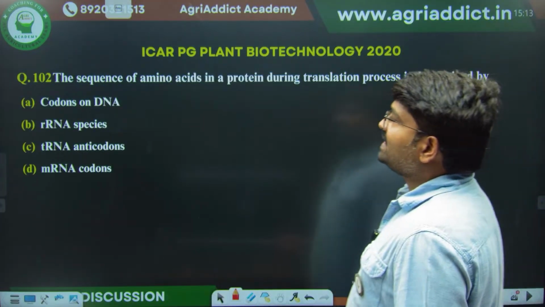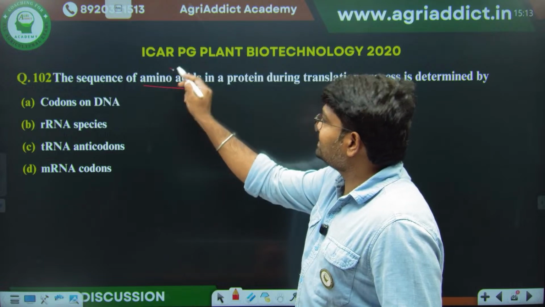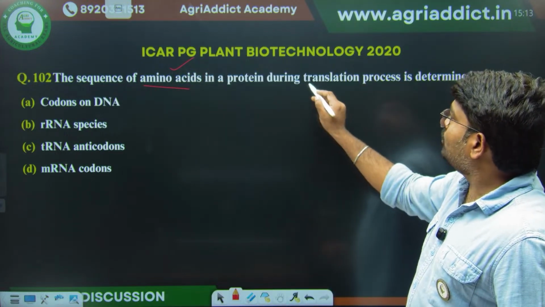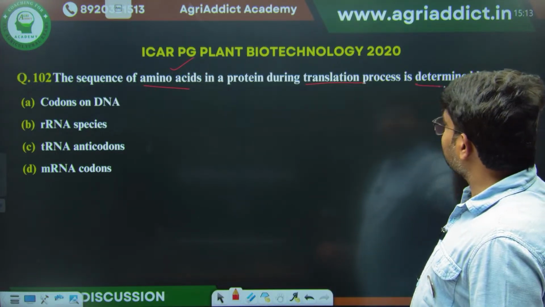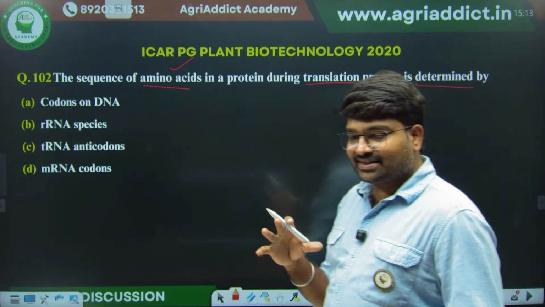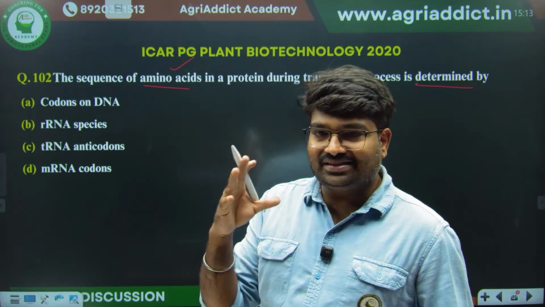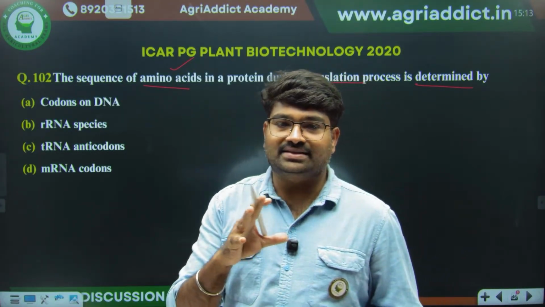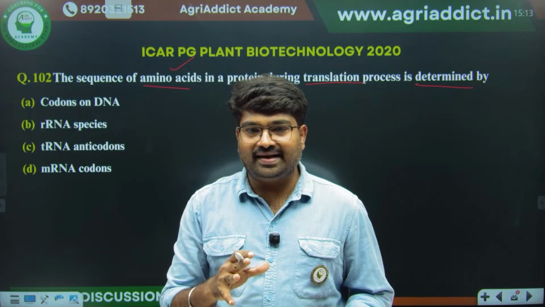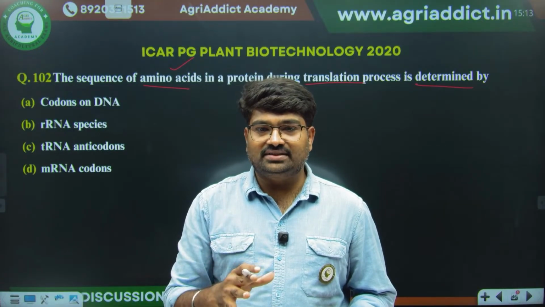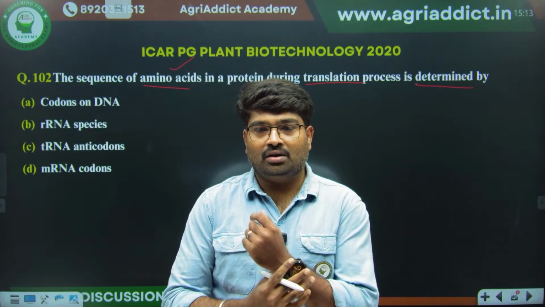The sequence of amino acids in a protein during translation is determined by, which decides the sequence of amino acids: the codons on the DNA, RNA species, tRNA anticodon or mRNA codon?